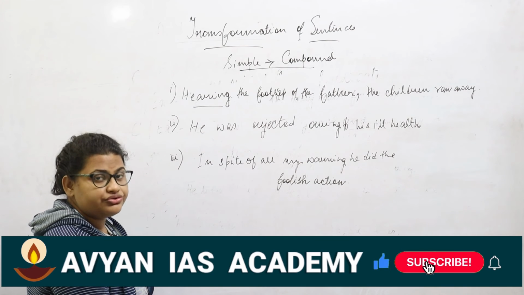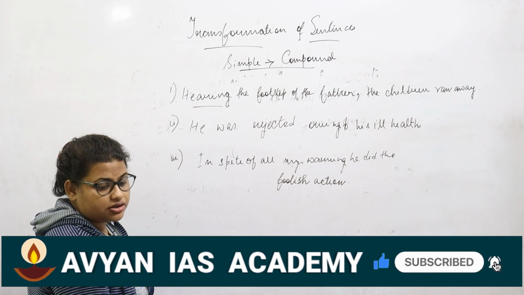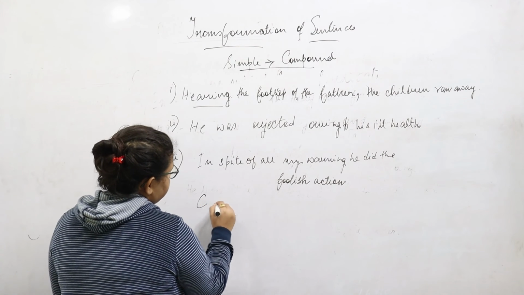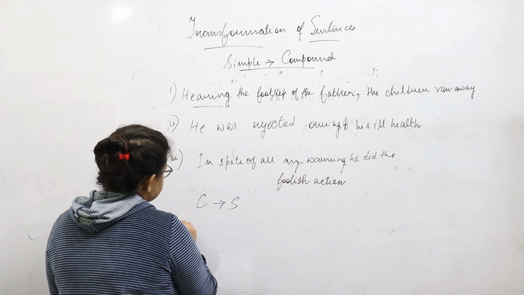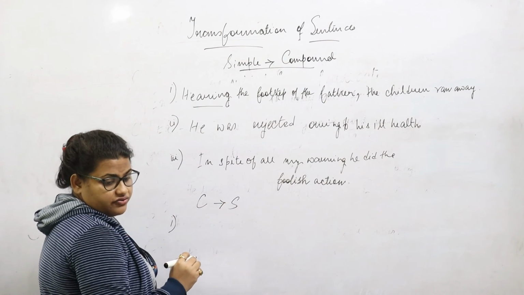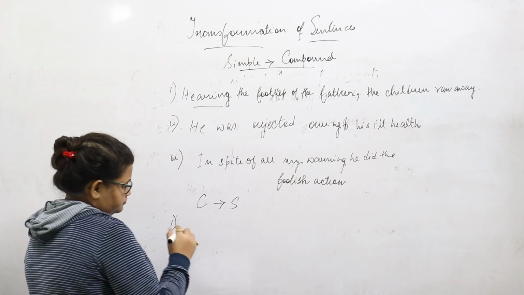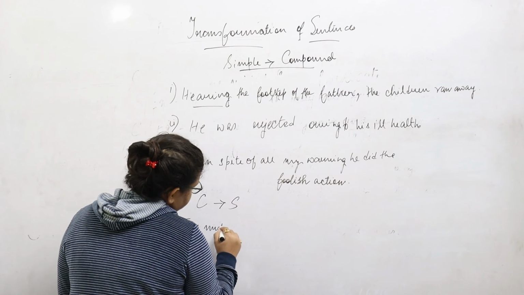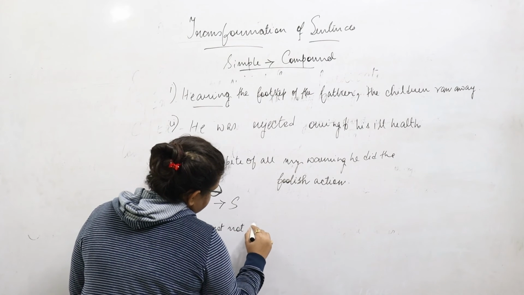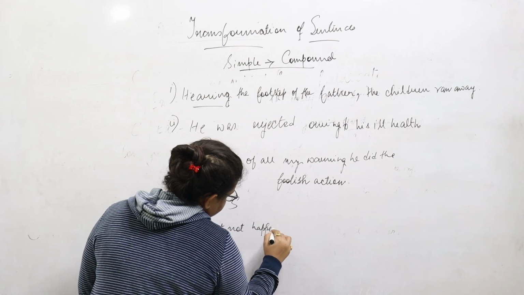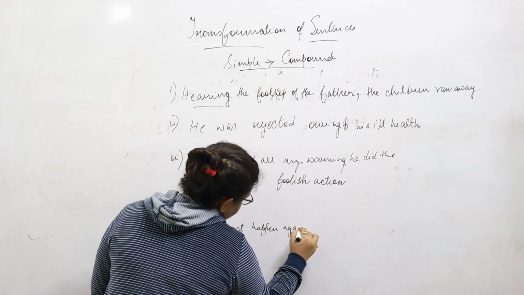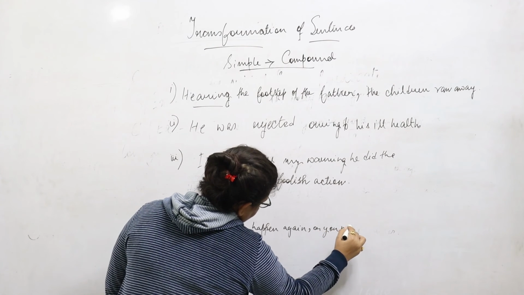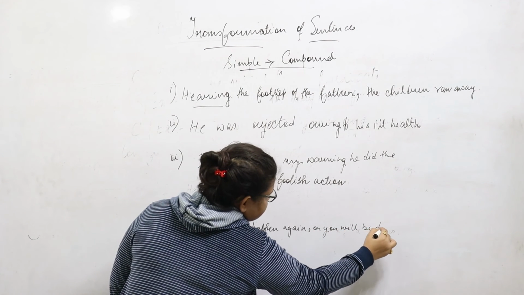However, we can also try it the other way around and write from the compound to the simple. So compound to simple sentences, you can try doing this. For example, this must not happen again, or you will be dismissed.